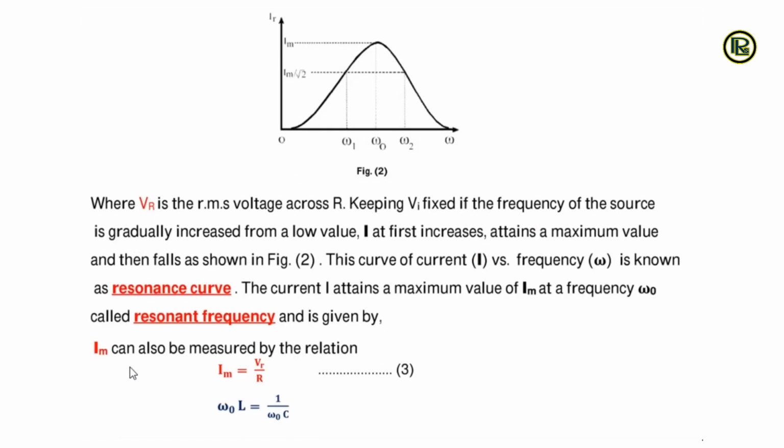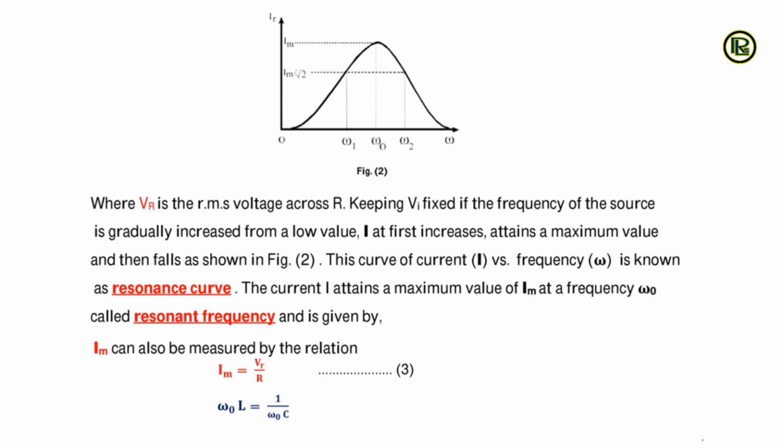And the maximum current can also be obtained from the relation Im equals VR upon R, where VR is the voltage across the resistance in the LCR circuit. And this resonance frequency omega 0 can be obtained from the relation omega 0 L equals 1 by omega 0 C, and this occurs at resonance.